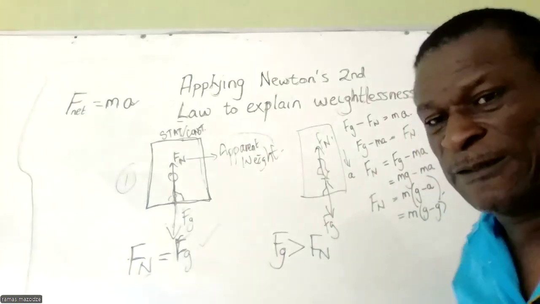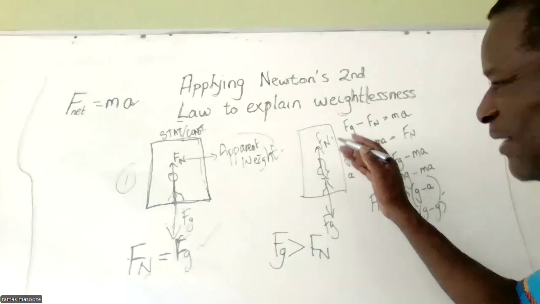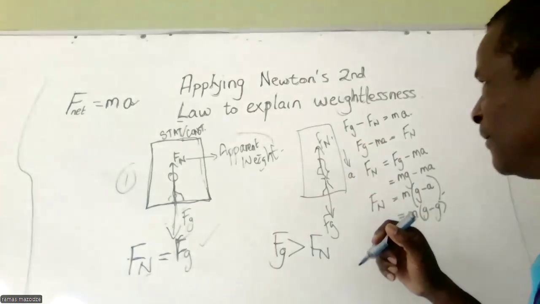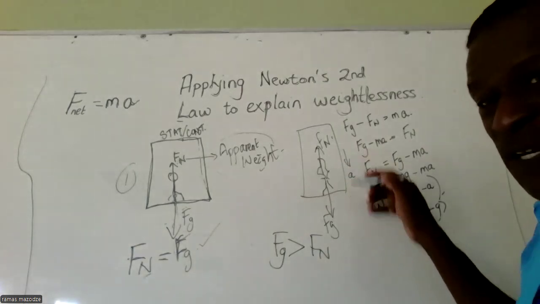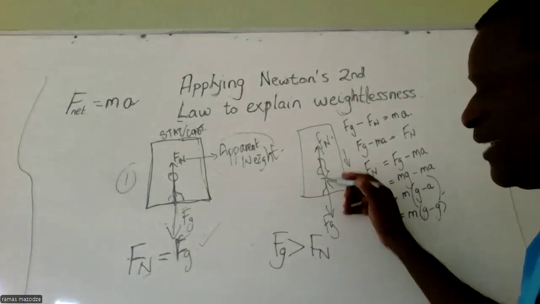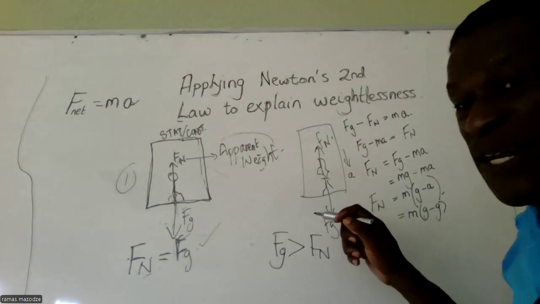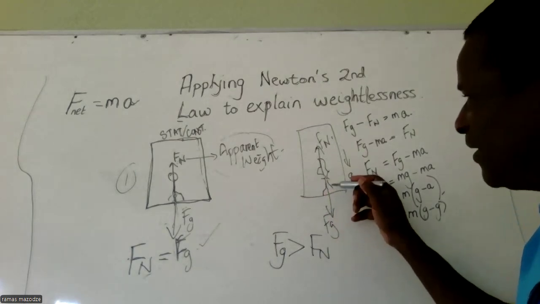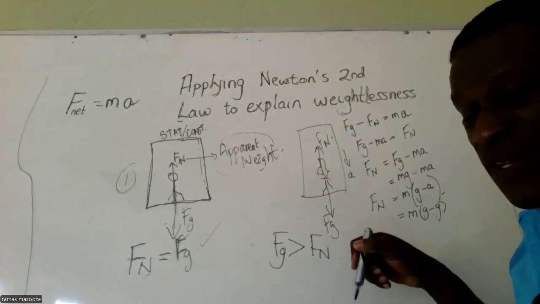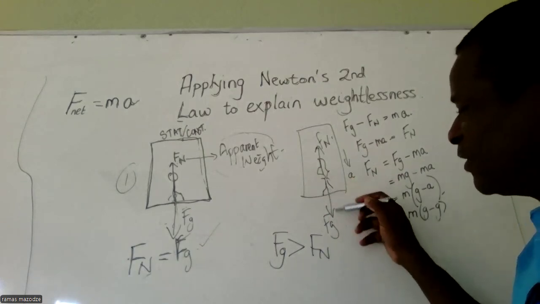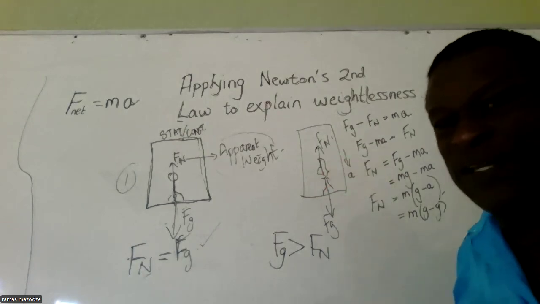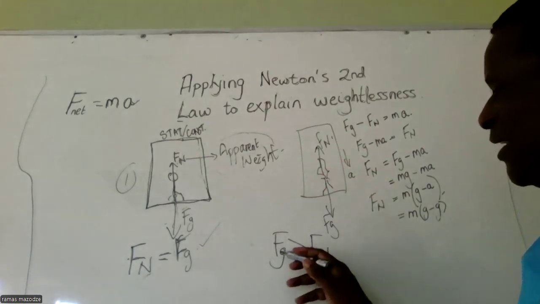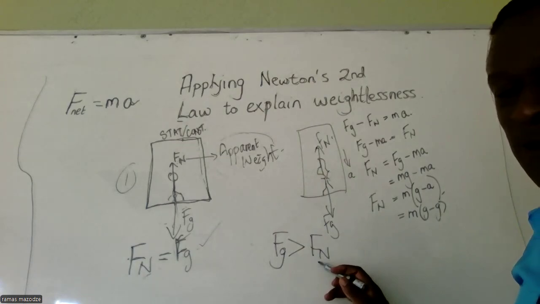Now, the second case is when the lift is accelerating downwards. The acceleration of the lift is also equal to the acceleration of the guy inside. Remember, we were only considering the guy inside the lift. If the guy is accelerating downwards, it means the gravitational force, his real weight, is bigger than the normal force, bigger than the apparent weight. So Fg is greater than the normal force.